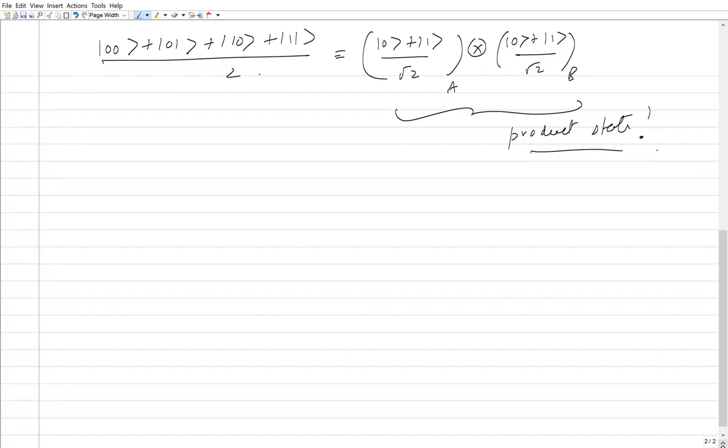So hence it's an unentangled state. It is a product state as a state on a system A tensored into a state on a system B. Though in an expansion of this form, it was not easy to see that.